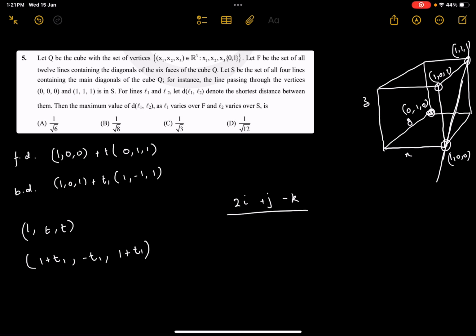Then the vector along the two becomes (t1 minus 1, minus t1 minus t, 1 plus t1 minus t).